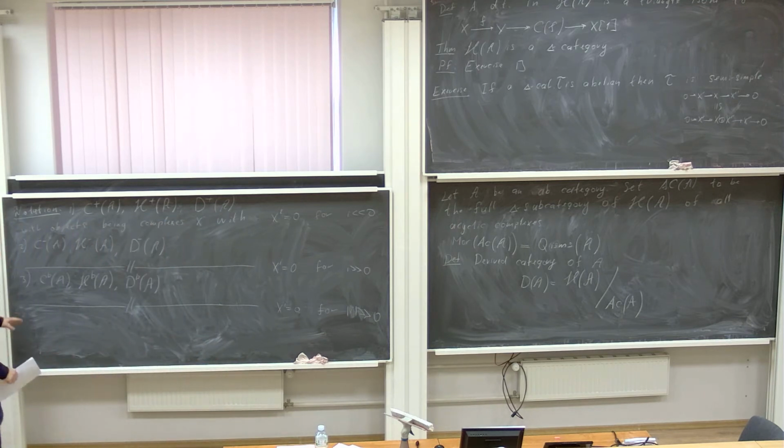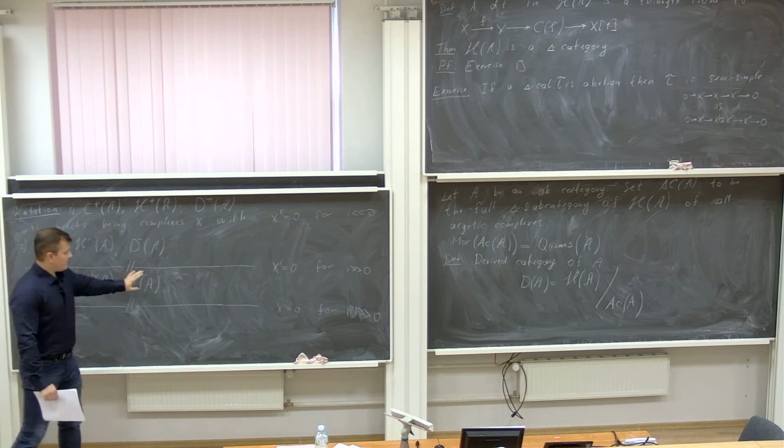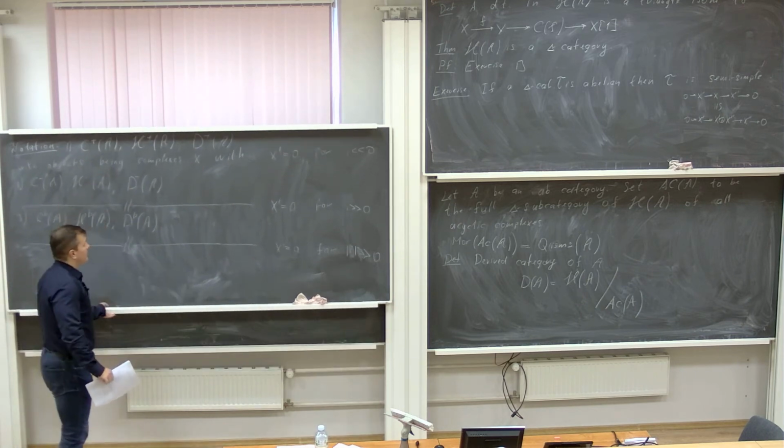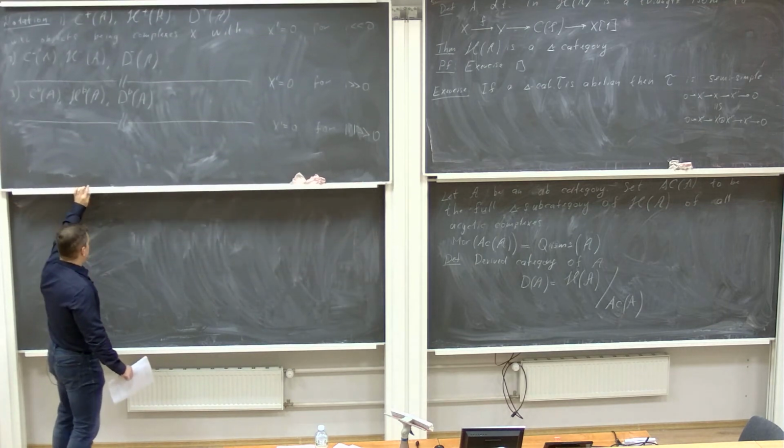So in this case, you have only finitely many objects in the complex, and then you have zeros on the left and zeros on the right. So here you have zeros only on the left, and here you have zeros only on the right. Just some notation.